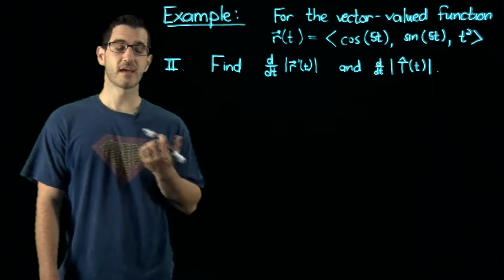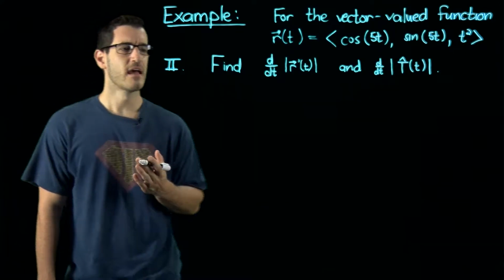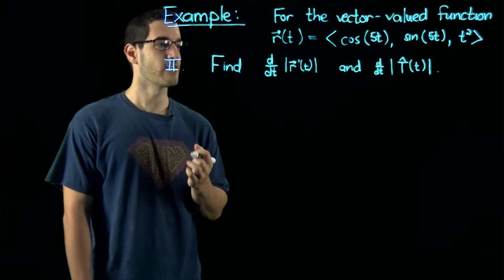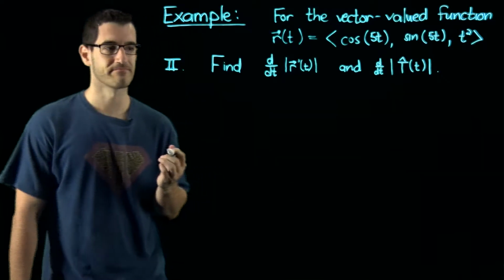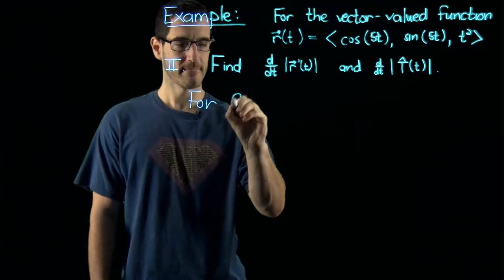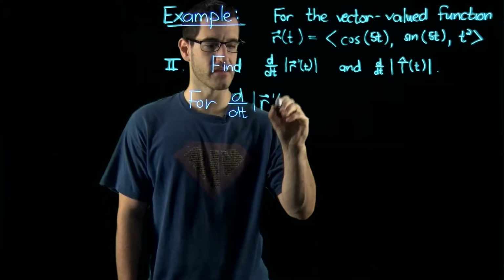All right, so for the second part of this problem, to emphasize a point, let's actually look at how the magnitude of r prime of t is changing and how the magnitude of the unit tangent vector is changing. So for this first one, this is a good study in making sure that you understand what notation means here.